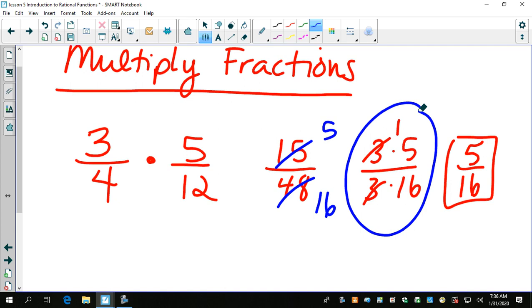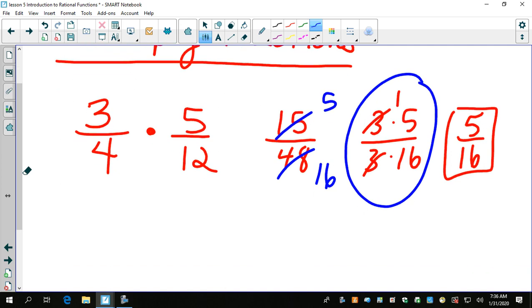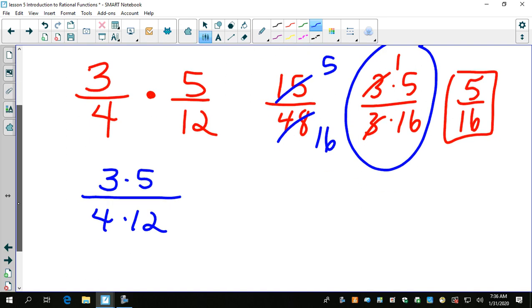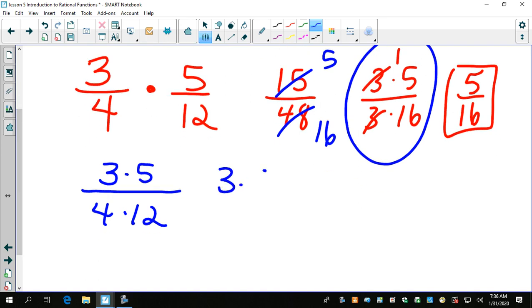Now, what we also could have done, just so you can see where I'm going, is 3 times 5 over 4 times 12, written as one big fraction. And then 3 times 5 over 2 times 2 times 3 times 4.